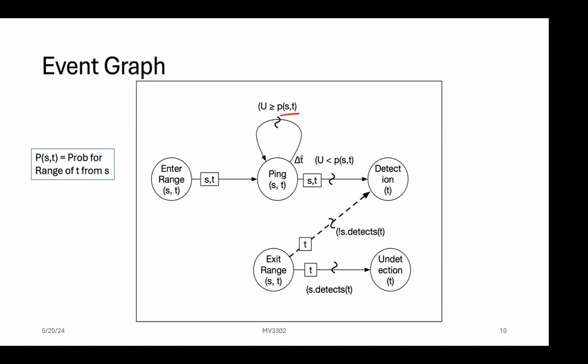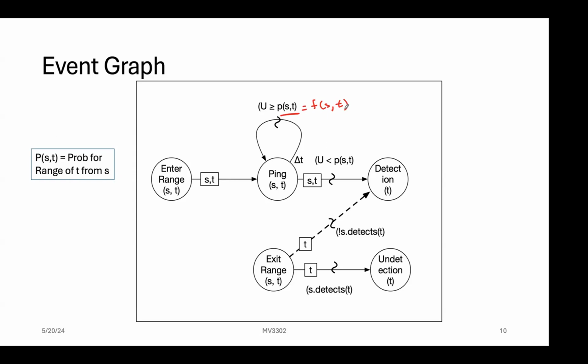So, just like the other case, we're pinging it each time with a fixed time between pings, and at each ping we have our sensor and our target, so we can extract the range, but we could also extract other parameters from it. In other words, that probability could be just any function of our sensor and our target, and that could include the range and other properties.